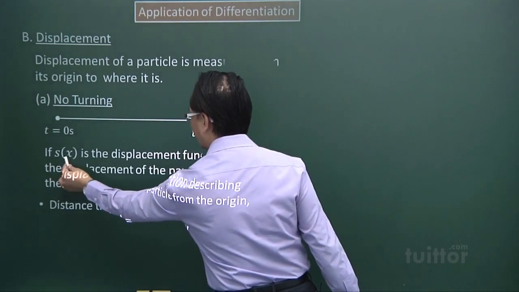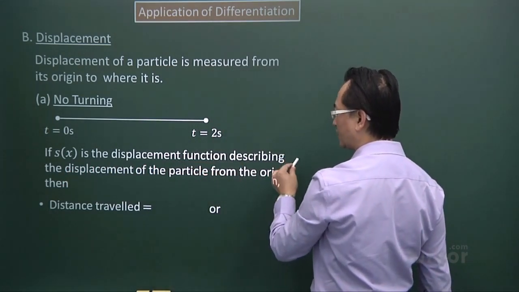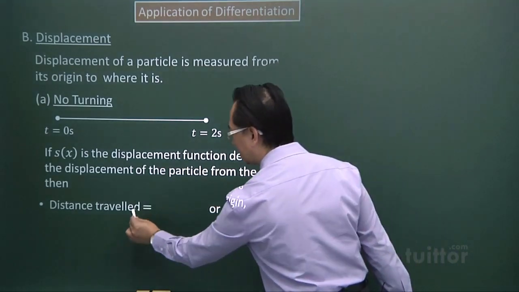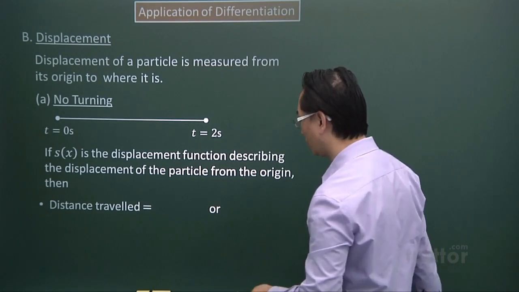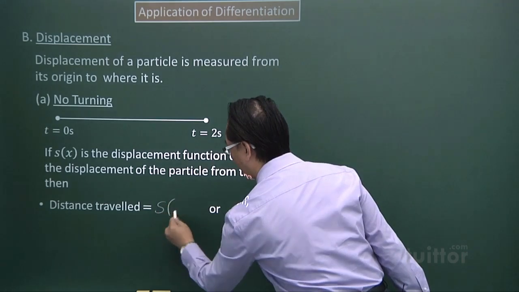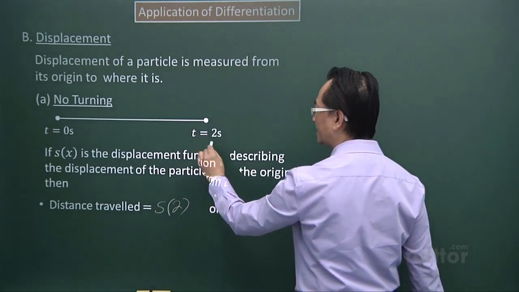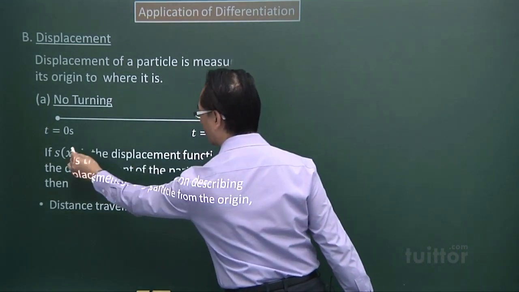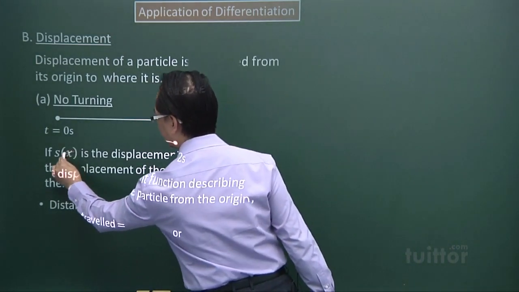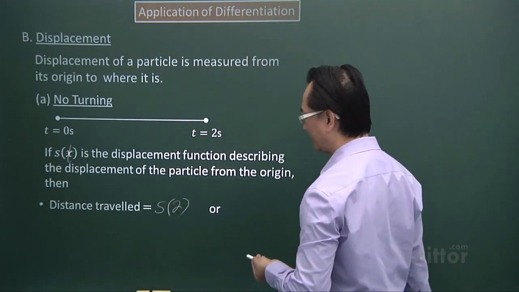If I make s(t) the displacement function, describing the displacement of the particle from the origin, then the distance traveled will be equal to s(2). So I take this time value and put it into the function, s(t), because s is in terms of t, time.